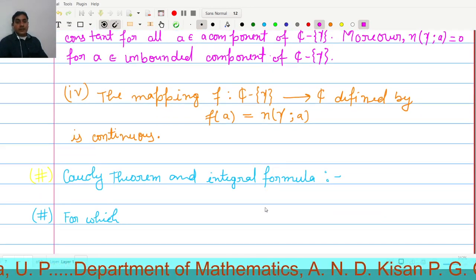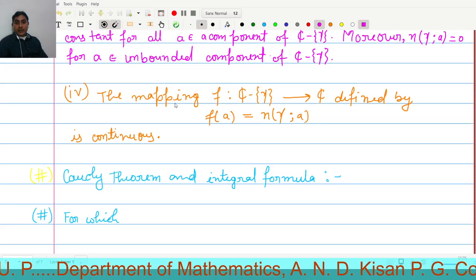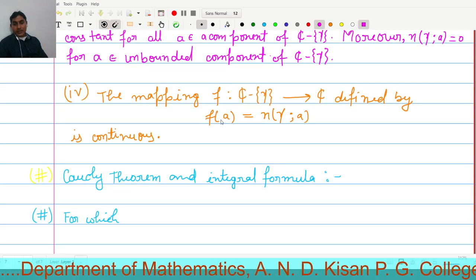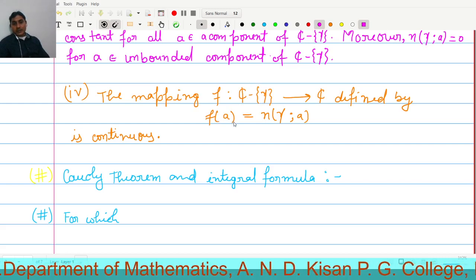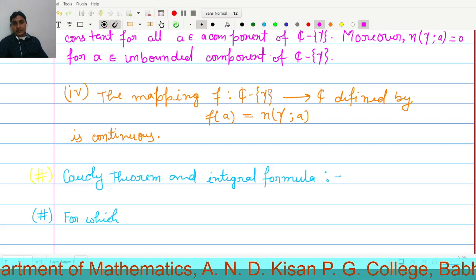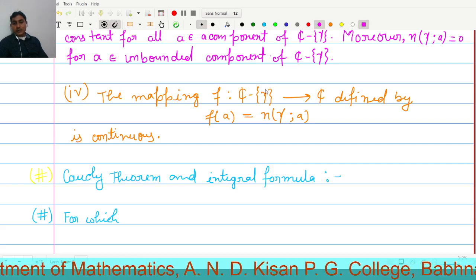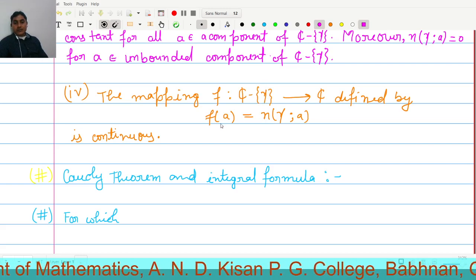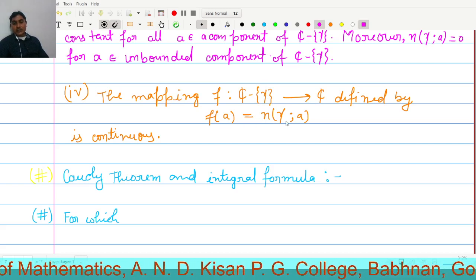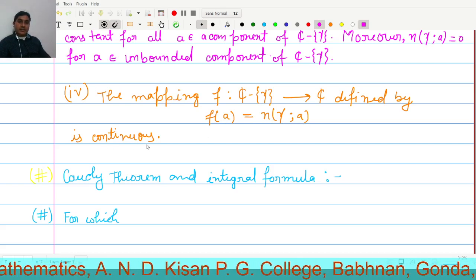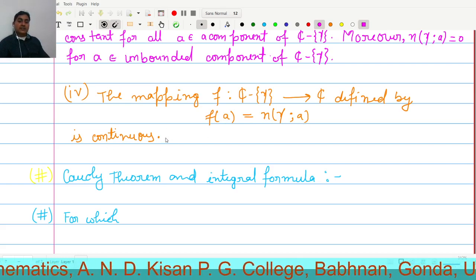Another crucial fact related to the winding number is this one. If you define a mapping f from C minus the trace to C, by f of a equals the winding number of gamma around a, then this function is a continuous function.